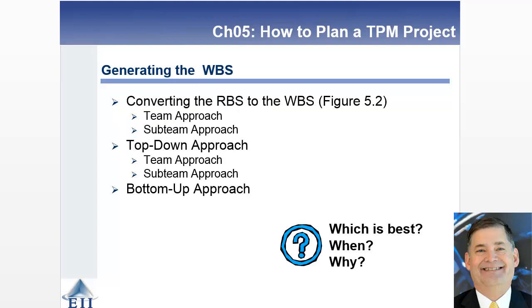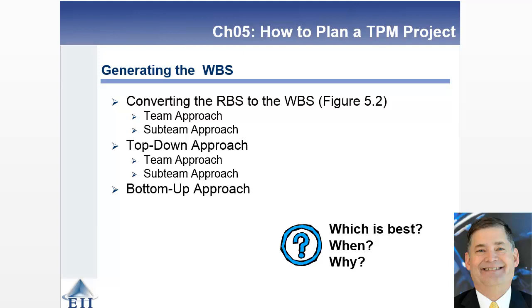All right, there are a couple of different mechanisms for converting the requirements breakdown structure into the work breakdown structure. Well, one way is to use the entire team as you're going through and looking at each function and activity and task and splitting all of that out. Another way is to do a divide and conquer sub-team approach.